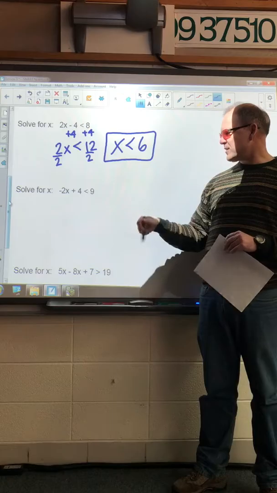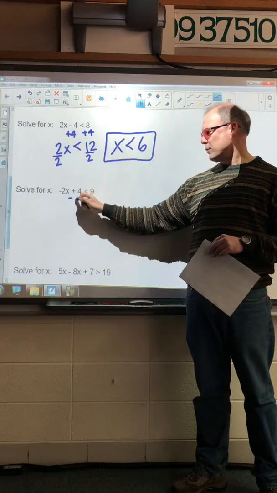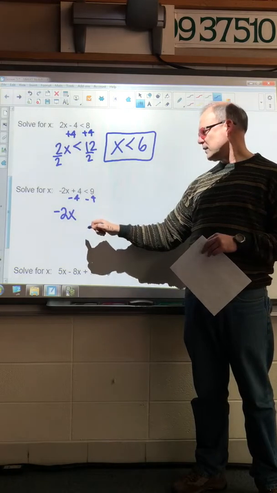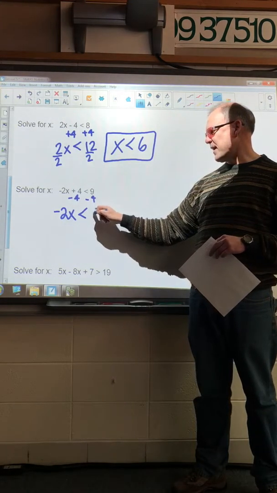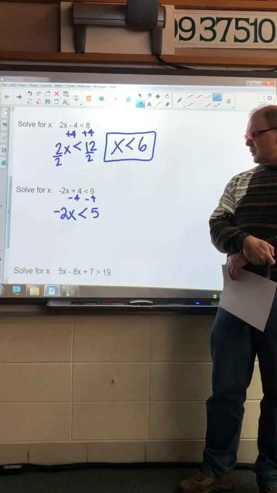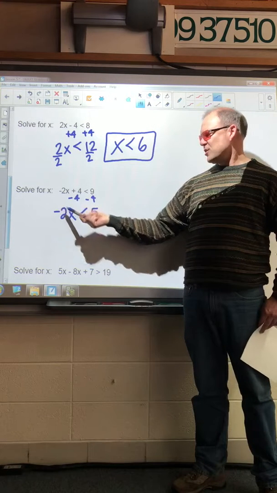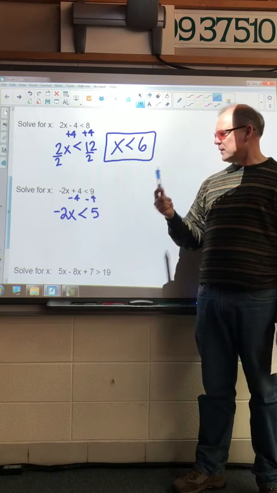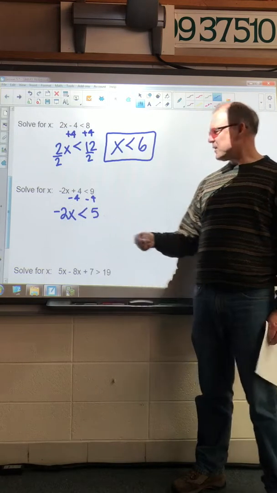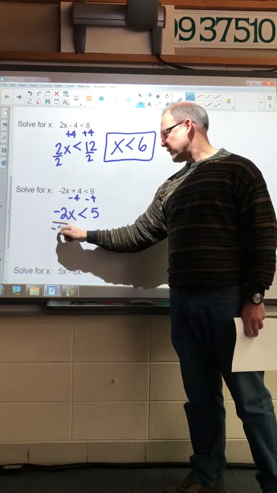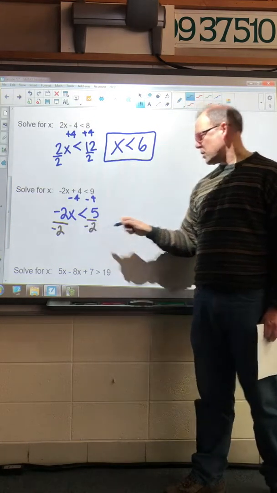Our first step would be the same, so I would subtract 4. Negative 2x is less than 5. Okay, so here's where it's a little different. So if we have an inequality, now we're going to end up dividing by negative 2.